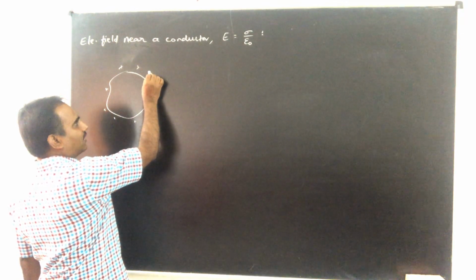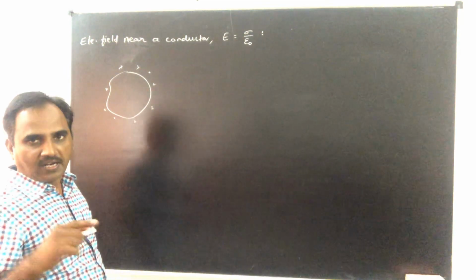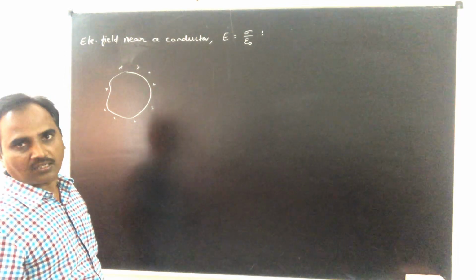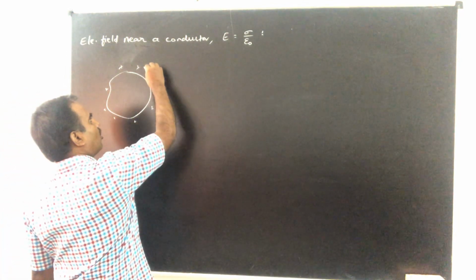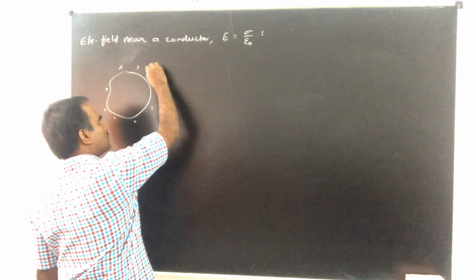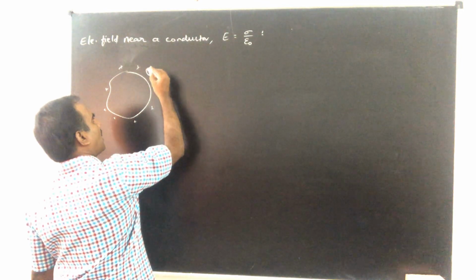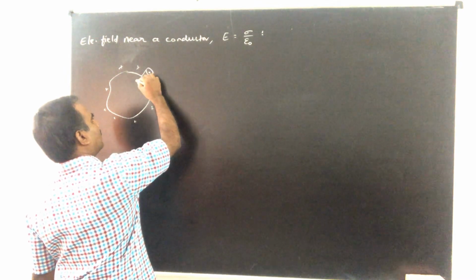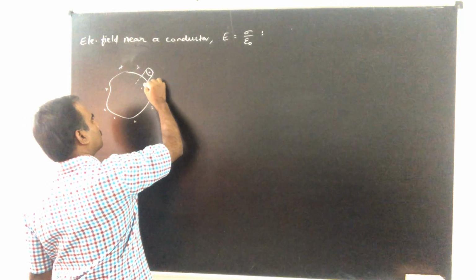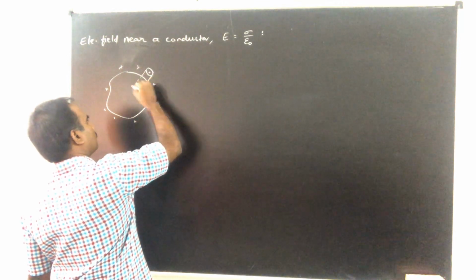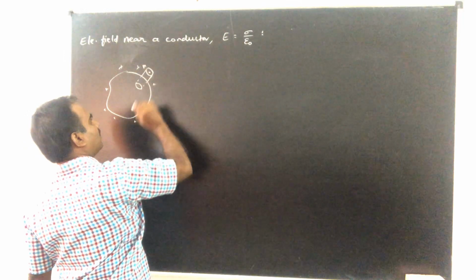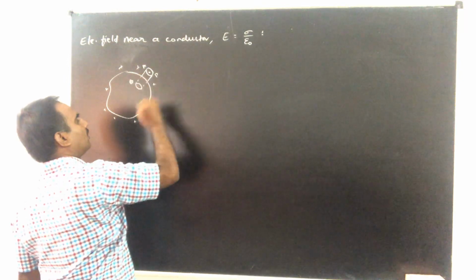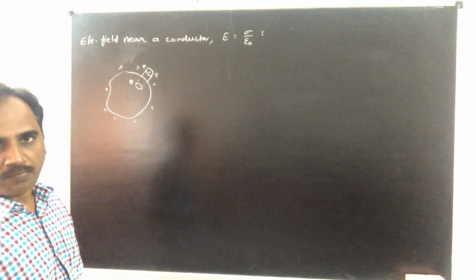Let us consider the Gaussian surface in the form of a pillbox such that one end face of this pillbox encloses this point P, and another end face will be inside this charged conductor like this. So this end face A encloses this point P, and this end face B is inside the charged conductor.